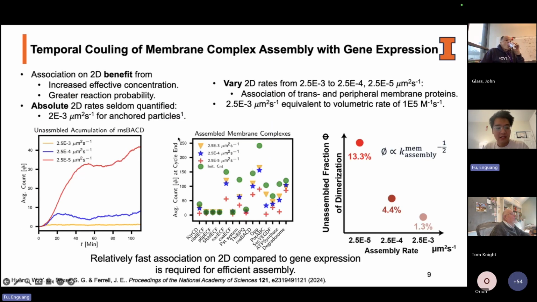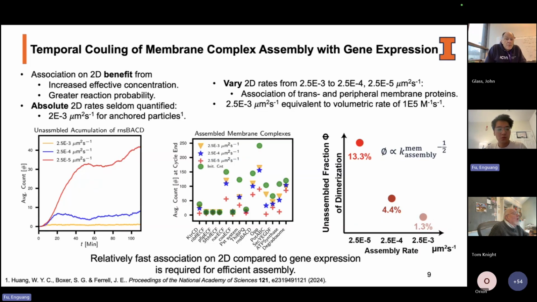Okay, and as you see in the last picture, the membrane complex assembly is constrained to the 2D membrane, and association on the 2D membrane has been proposed a long time ago to benefit from the increased effective concentration due to the reduced search space on the membrane, and also the greater reaction probability due to the constrained conformation of the membrane proteins.